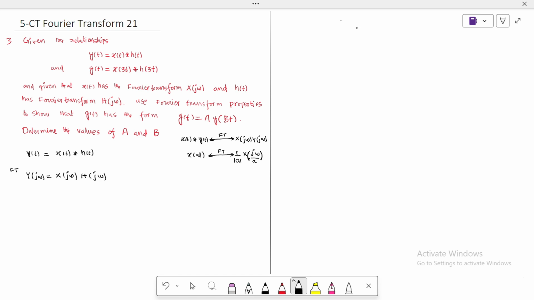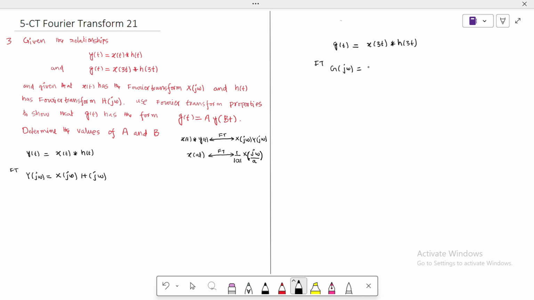Now taking the second relation, g of t equals x of 3t convolution h of 3t. After applying the Fourier transform, it becomes G of j omega. Here, for the Fourier transform of convolution, you know that it is multiplication, and each signal also has some scaling, so scaling we can also apply individually first.